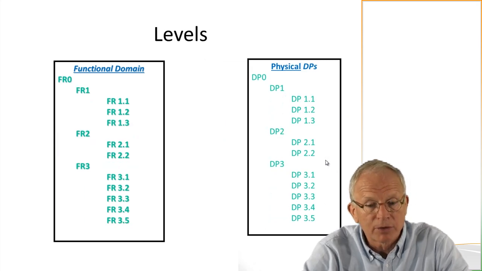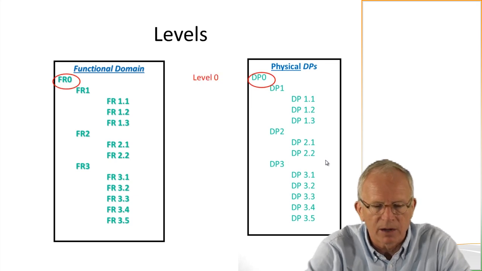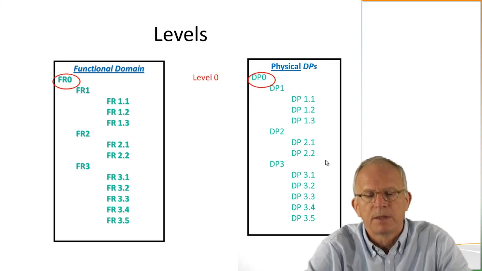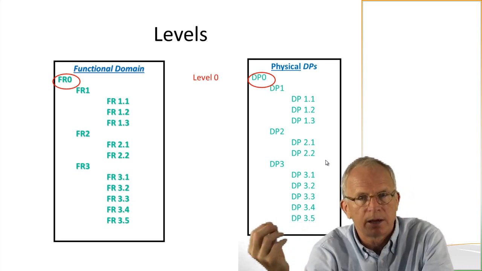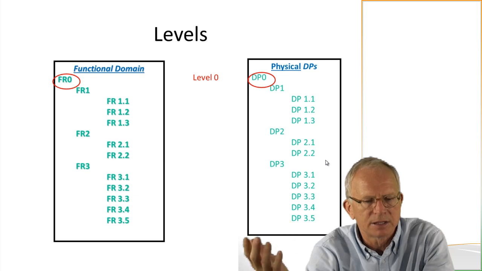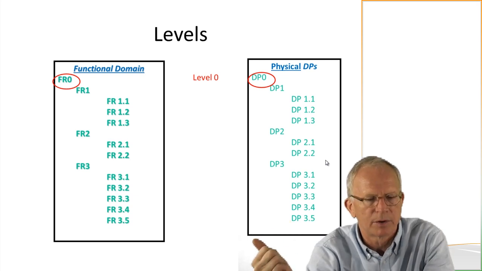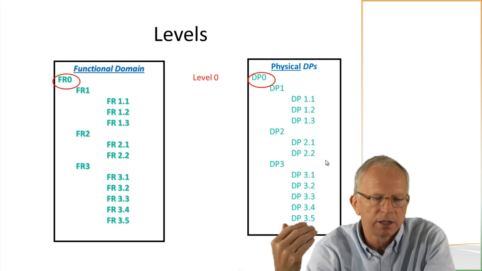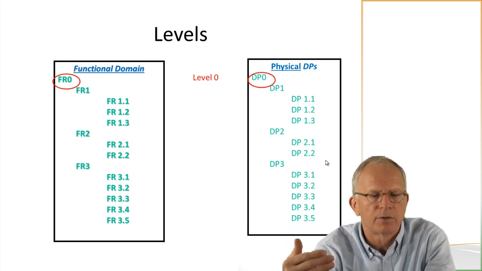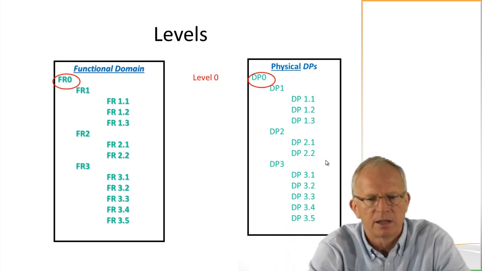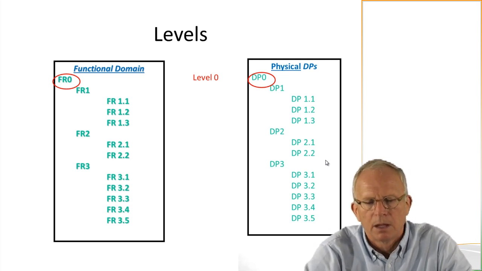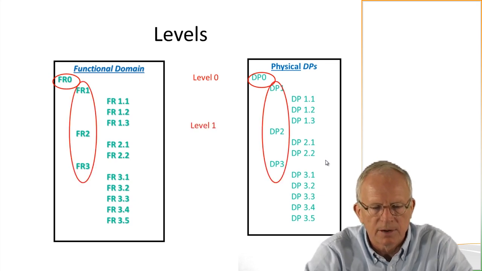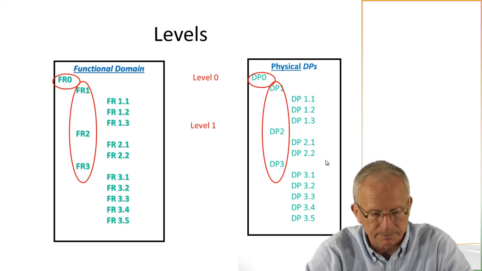Now, we also talk about different levels, and this is in the hierarchy. So level 0 is FR0 and DP0, and there's only one; there are no children at the 0 level. In other words, we don't have 0.1 and 0.2. These are the overall objectives or overall function of the design, and the most general description of what it's going to be physically. These are immediately decomposed to FR1, 2, and 3 as we see here, and that would be level 1.